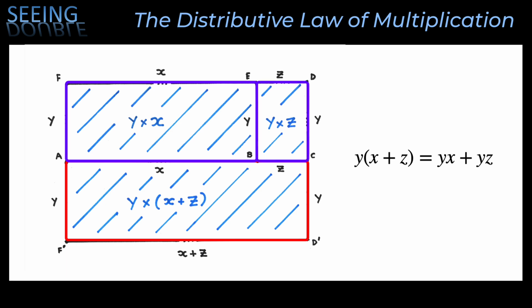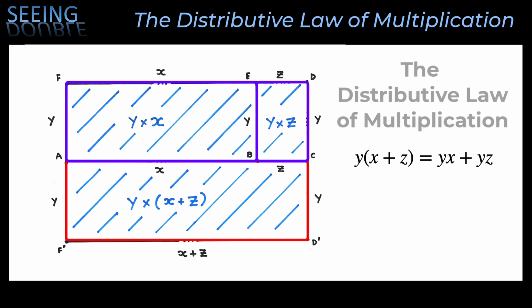This identity, true for all the values of x, y and z that we have observed in our animation, is another representation of the distributive law of multiplication.